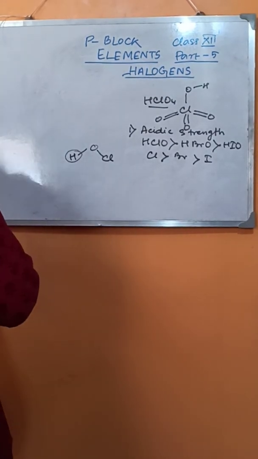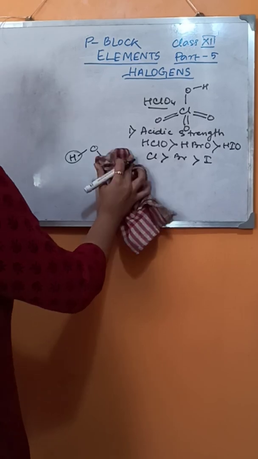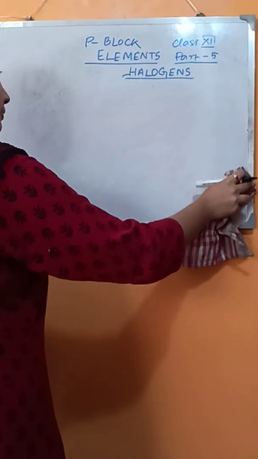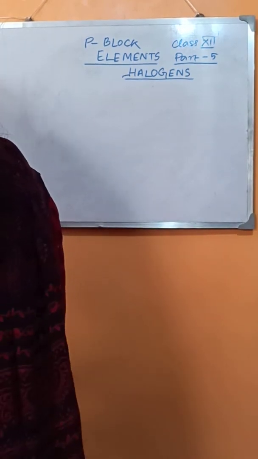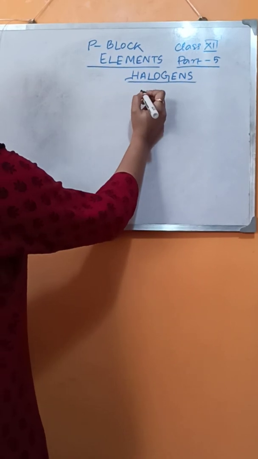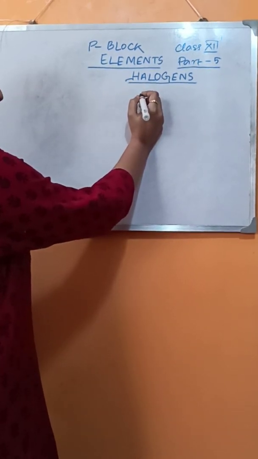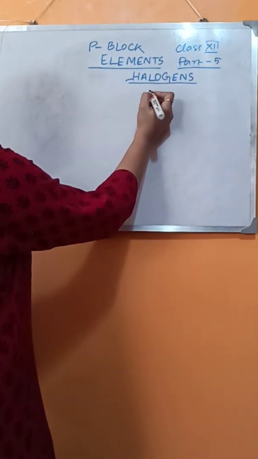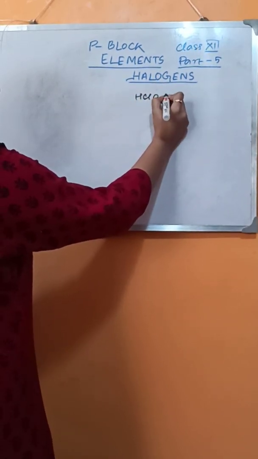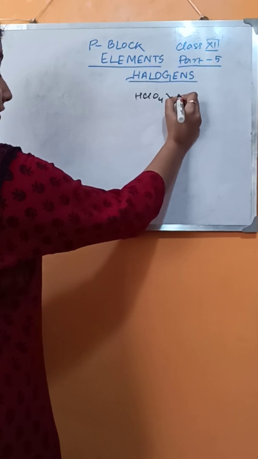Next I'll come to another part. This is also very important. This acid strength of oxoacids is a very important portion. Different oxoacids of chlorine with different oxidation numbers, oxidation states, sorry.